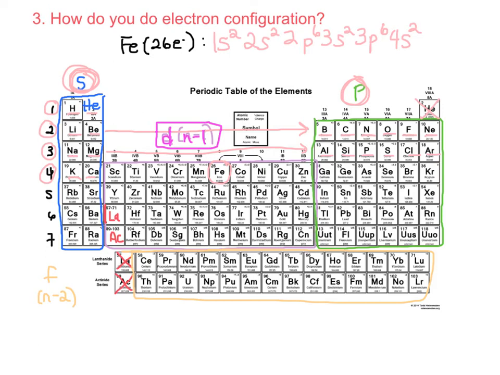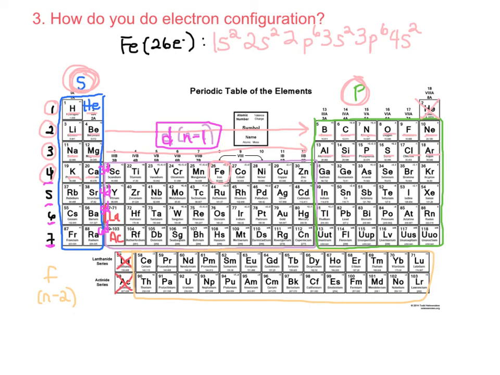So n minus 1 means 4 minus 1, or 5 minus 1, or 6 minus 1, or 7 minus 1. So once you get to the D block, this becomes 3D instead of 4D, and then 4D, and then this is 5D, and this is 6D.